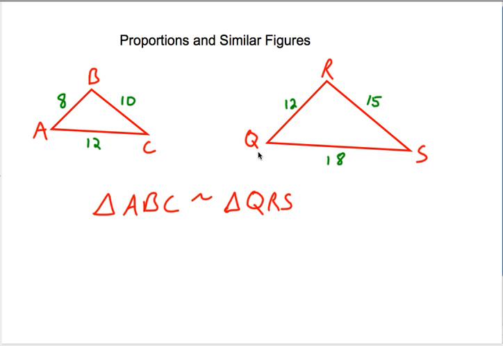Now a couple things are true about similar triangles. One of those things is that their corresponding angles are congruent.